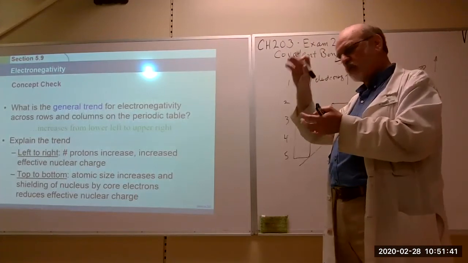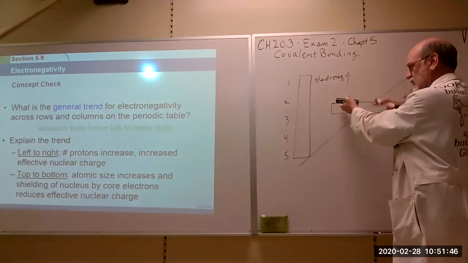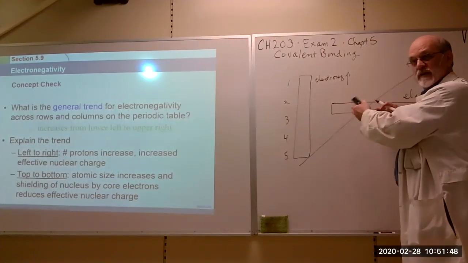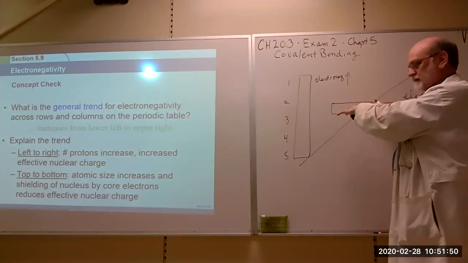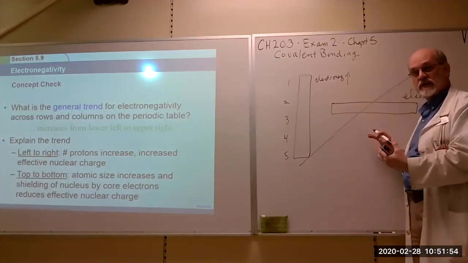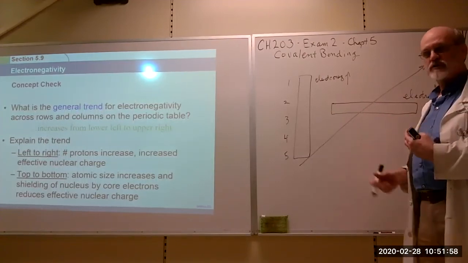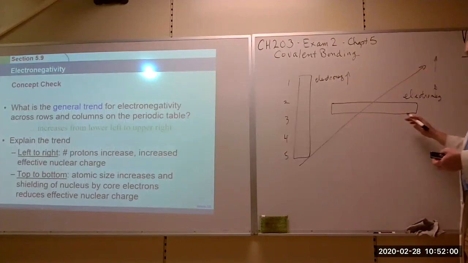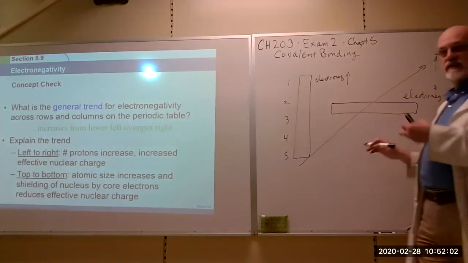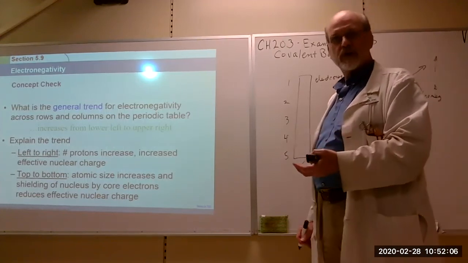So if it's in one energy level here, you're not adding electrons closer or farther away from the nucleus on average. But you are adding a lot of extra positive charge to the nucleus, which makes a stronger attraction. So as you go from left to right, the increase in electronegativity is due to the effective nuclear charge. You're increasing the number of protons.